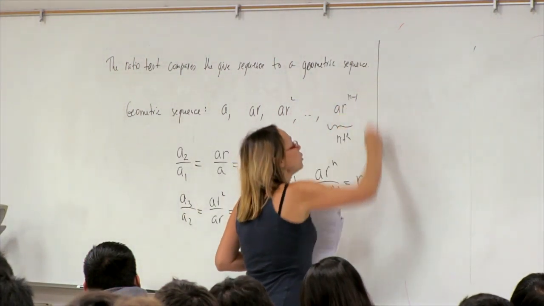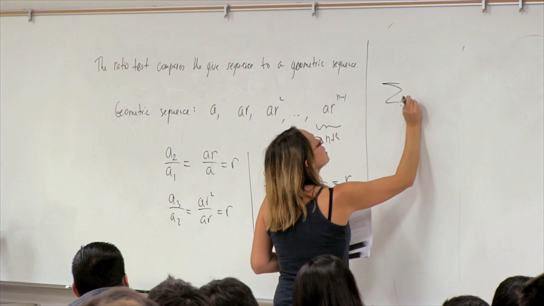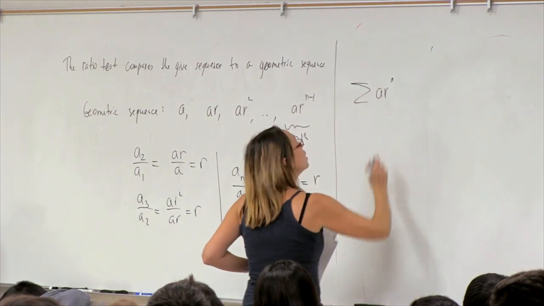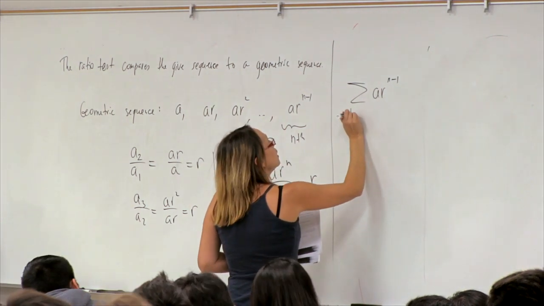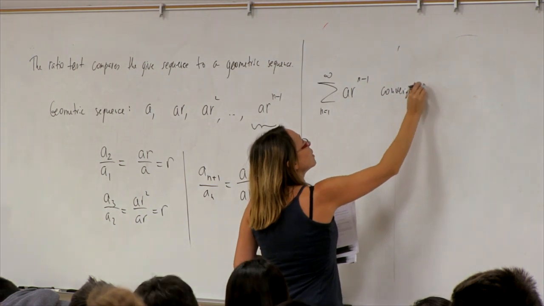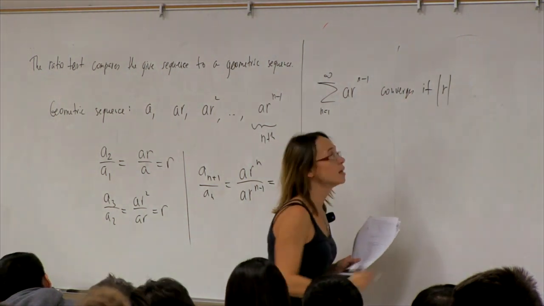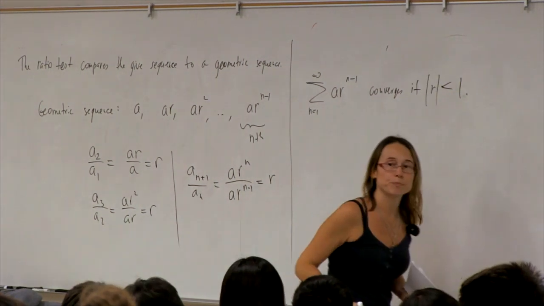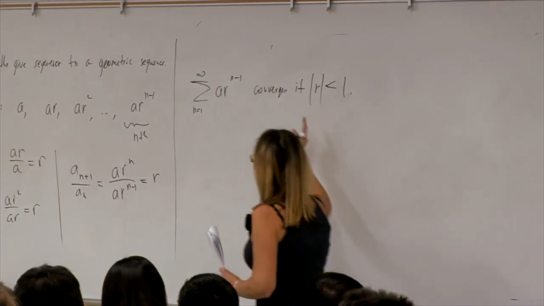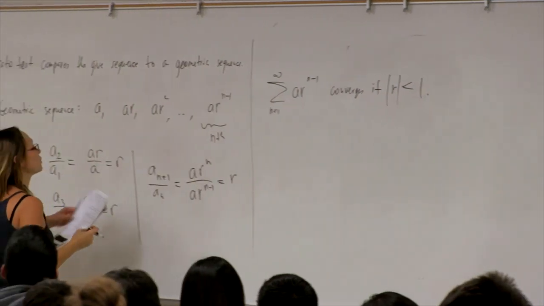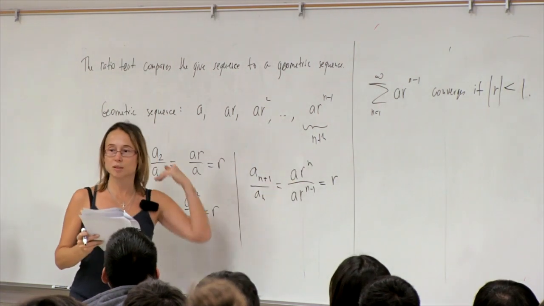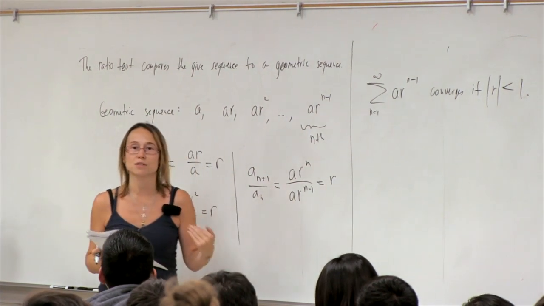Now, what do we know about the series? The sum of ar^(n-1) converges if r is less than 1. This is the main thing that we have to remember. The reason is because the terms decay. They become smaller and smaller, and fast enough that it works.